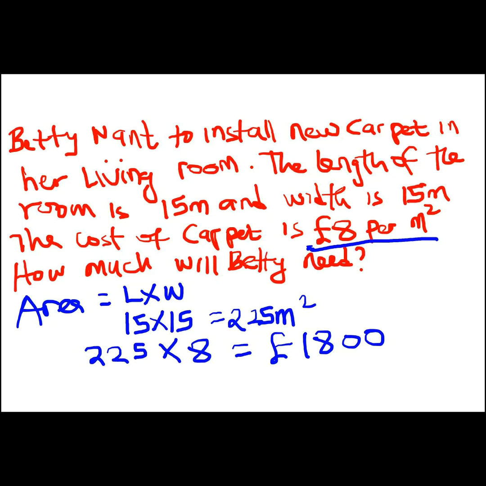Since it is 8 pounds per square meter, and we have a total of 225 square meters, you have to multiply by 8, and it will give you that amount of 1,800 to cover the whole entire room. Yeah. So, can Christina explain to me, please?